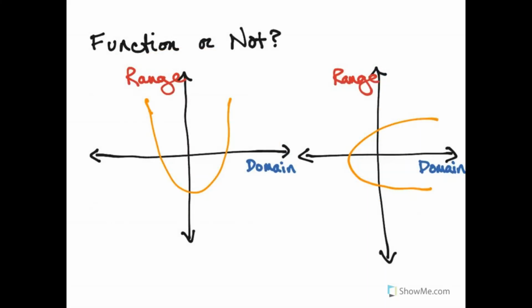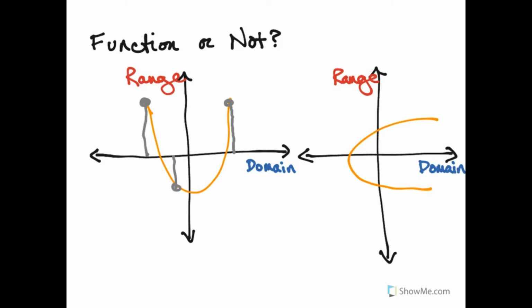If we look at a graph and try to tell whether it's a function or not, we need to check that each x in the x-axis corresponds to only one y on the y-axis. And we see that that's true on the left here. We can draw a line from any x up to the graph, but it never hits it more than once.